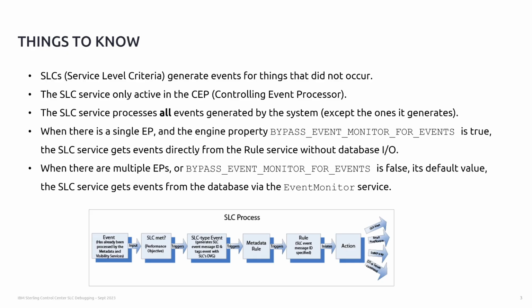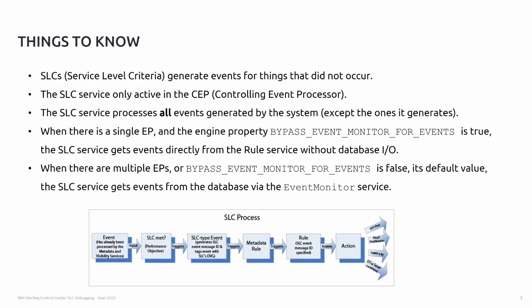But really what happened is that they did, but the SLC service didn't know about it quick enough to prevent the did not occur events from being generated, which can trigger your rules and result in what are called false alerts. So if you can, set that bypass event monitor for events to true, but you can only do it if you have a single EP system.